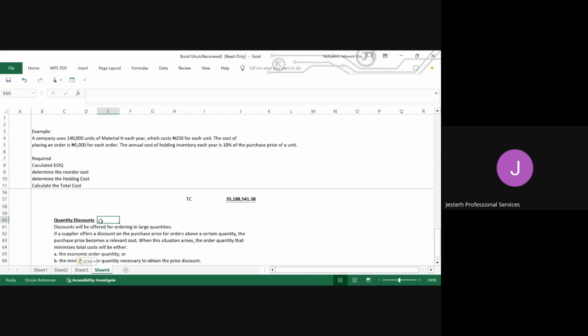Now, suppliers usually use these quantity discounts to convince their customers to buy more.